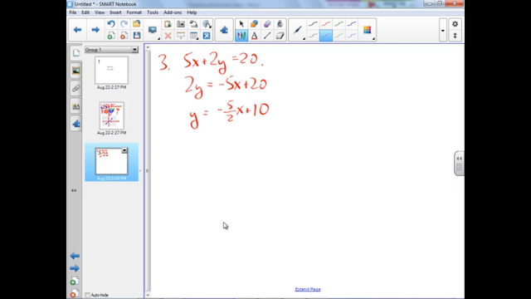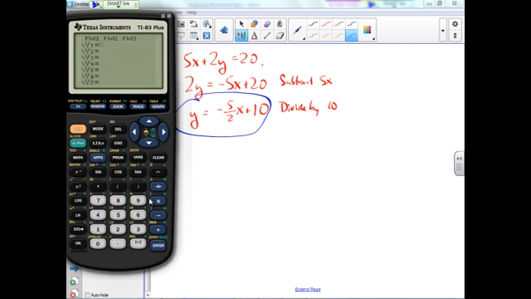So first we subtract 5x. And I can't say subtract negative 5x because that'd be actually adding it, wouldn't it? Subtract 5x, divide by 10. Now, this is a form you can actually put in your calculator, so do that. And get yourself some nice values there that you can use to graph. Let me give you a little hint.